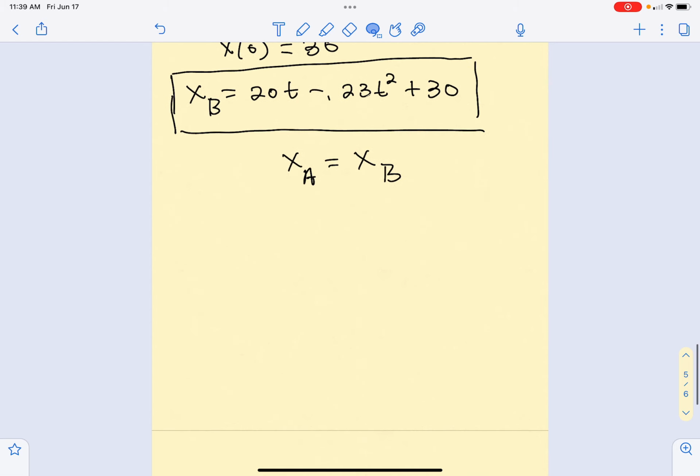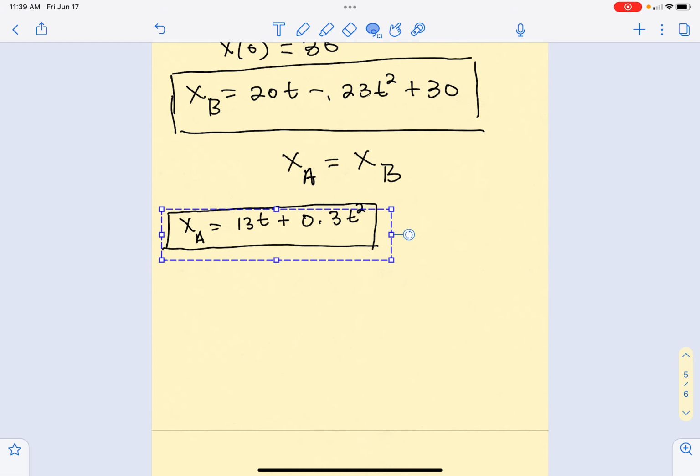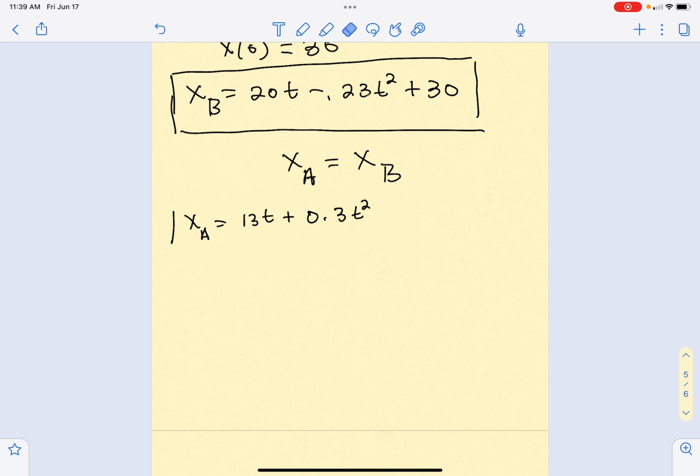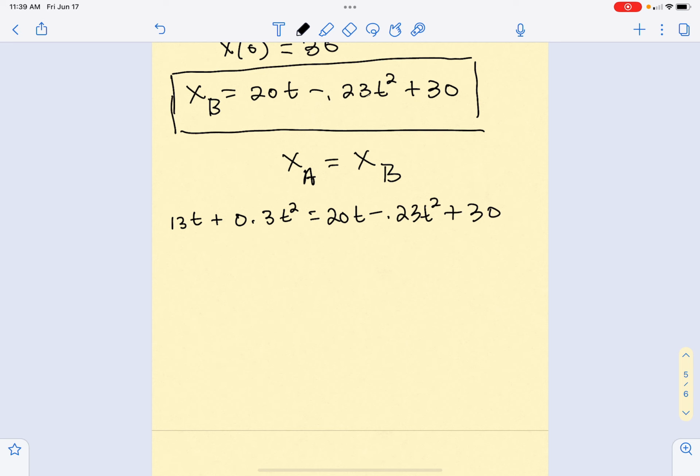Here's our car A, and I'm going to equate this to car B. All right.